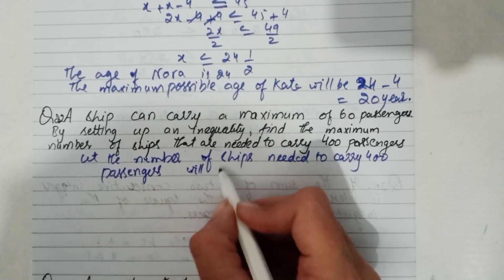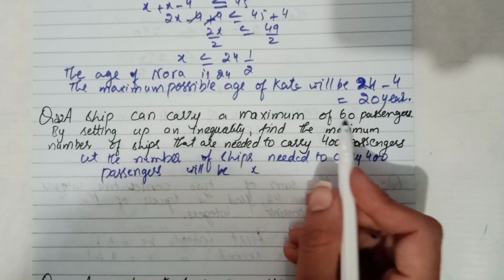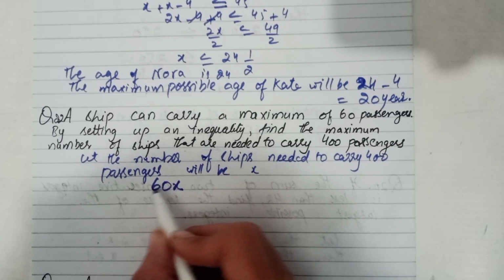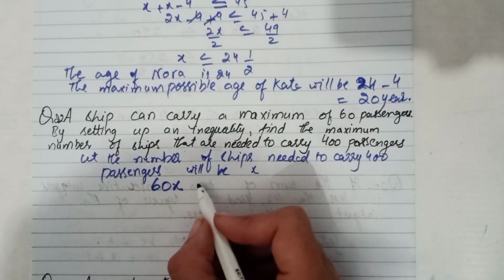passengers be X, and there are 60 passengers in each ship, and this is an inequality.